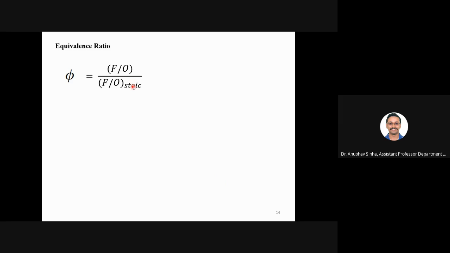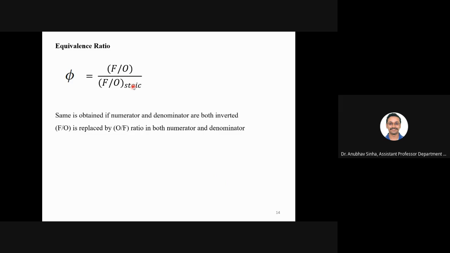Okay, so this is how we define the equivalence ratio: the fuel to oxidizer ratio of the actual fuel divided by the stoichiometric ratio. Now if I invert this, instead of taking the fuel to oxygen ratio, I can take the oxygen to fuel ratio. Then the number will be the same, right?